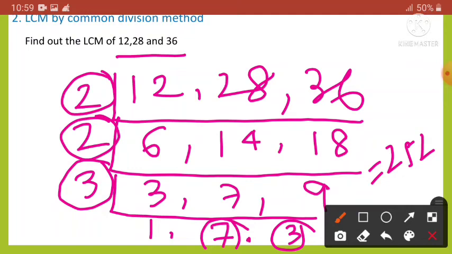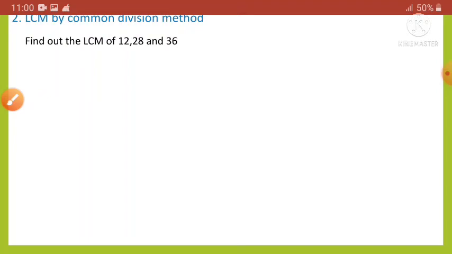Okay, here if you see, at last we are having the numbers 7 and 3. So 7 and 3 we cannot divide by any number except 1. So we have stopped here and we have multiplied all those numbers for the LCM, that is equal to 252. Okay, got it?